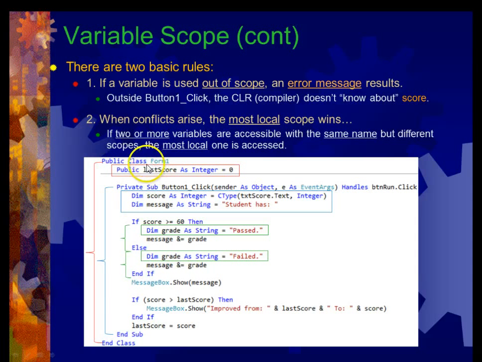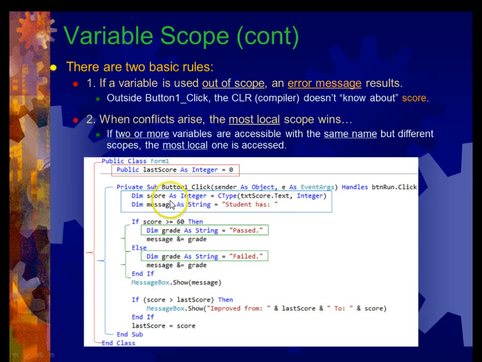And then one other thing is, when conflicts arise, the most local scope wins. What he means by conflict arises is suppose I declare score out here and in here. Suppose I declared score out here and set it equal to 10, and I declared score in here and set it equal to 5.